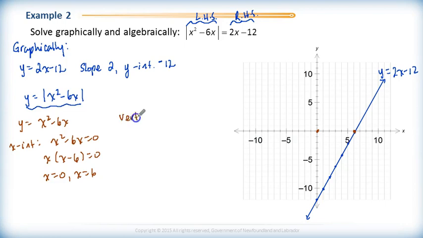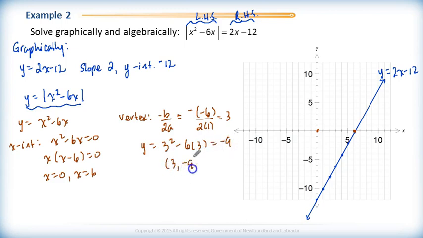So our vertex, negative b over 2a equals negative of negative 6 over 2 times 1, which gives us 3. And we plug that in. 3 squared minus 6 times 3 gives us negative 9. So we would have a vertex there at 3, negative 9, which would be way right down here. So I've dashed in that guiding parabola.